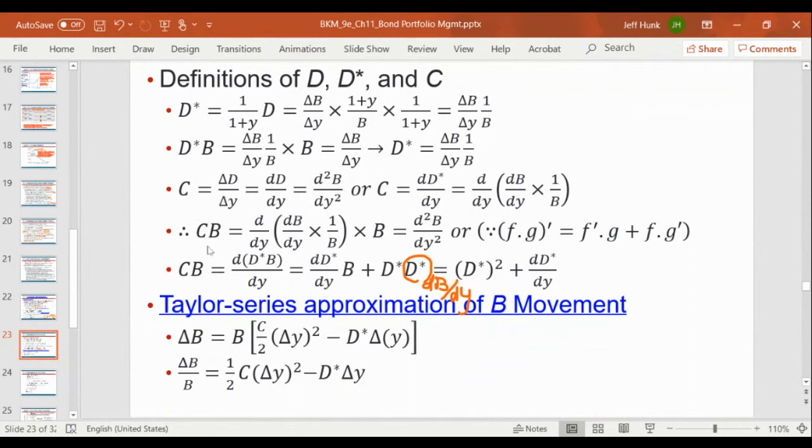And so we have C times B, to get rid of, the idea is basically, if C is like this, because modified duration has this term, right?